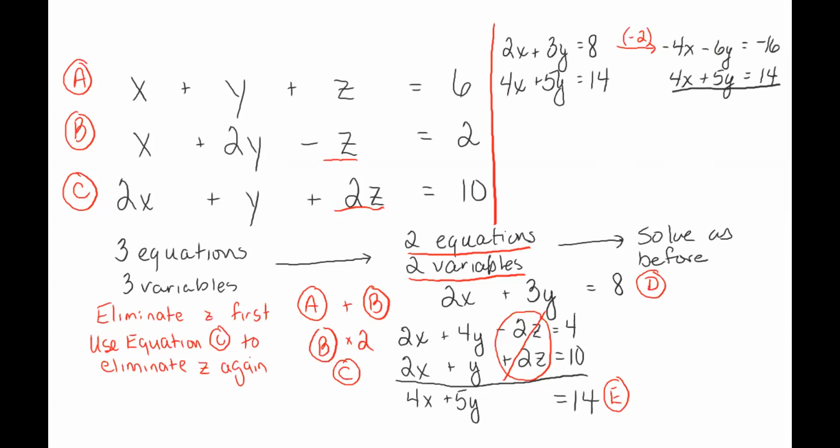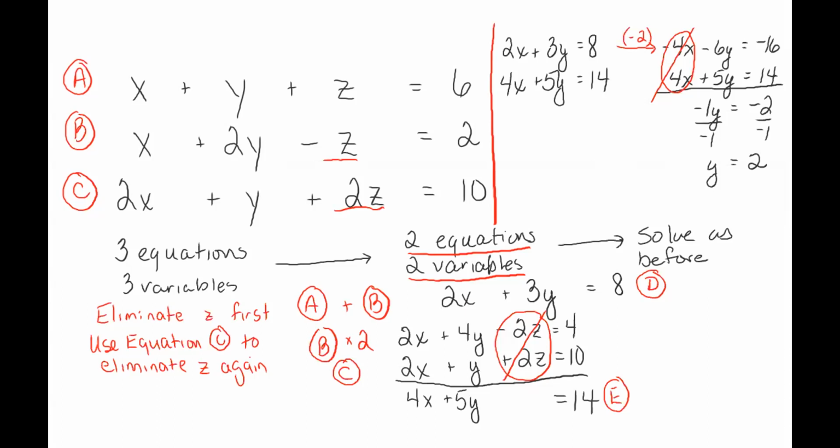And these numbers were starting to look a little big, but notice what happened here. There's a 0. Negative 1y equals negative 2. Divide by negative 1, and y equals 2.